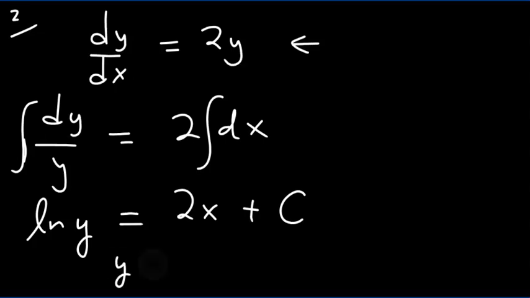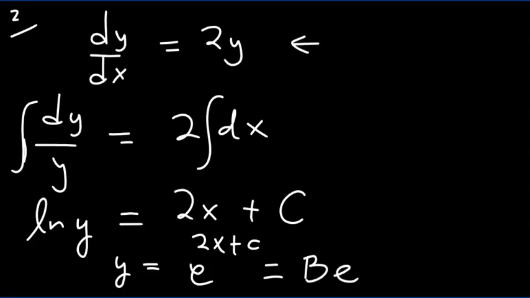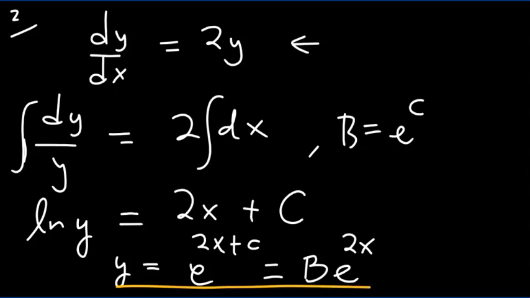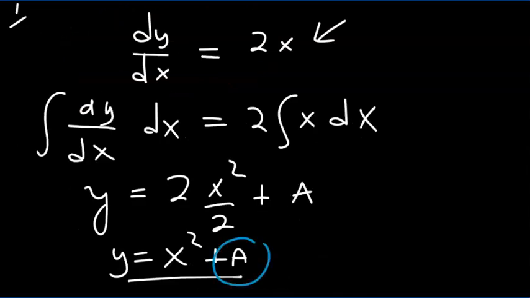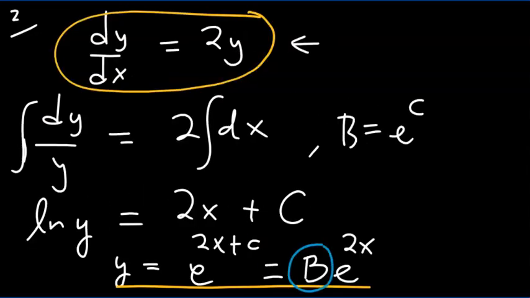And therefore, y is just e to the power 2x plus c, which we can write as b e to the power 2x, where I have taken b to be e to the power c. So this is the general solution to this differential equation. You see that in the examples above, an arbitrary constant appears in the general solution: a in problem 1 and b in problem 2.